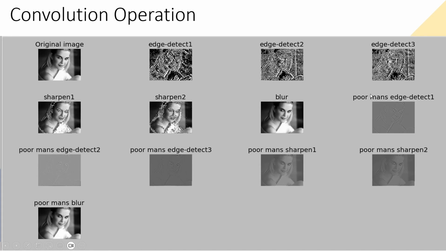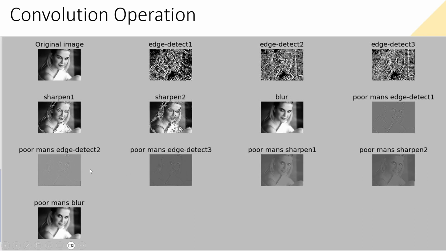So what does the convolution operation do? You give an original image, and you can use the convolution operation for edge detection, for sharpening the image, for blurring the image, or for applying a lot of other modifications to the image.